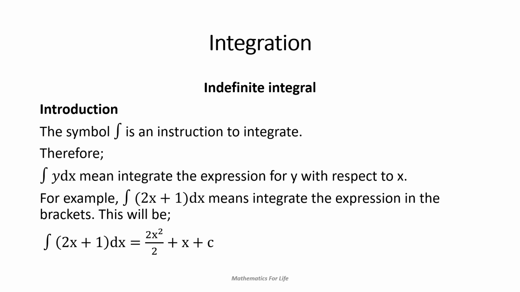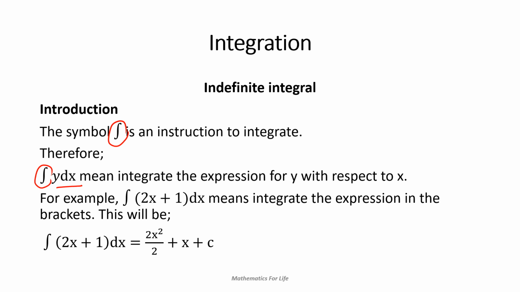And just to quickly remind you what we had covered in the previous lesson, the integral sign, as indicated over here, is an instruction to integrate. And if you are provided with the integral of y dx, it means integrate the expression for y with respect to x.